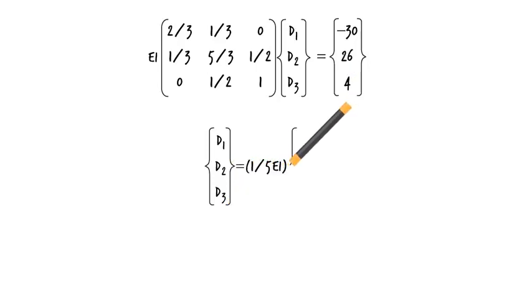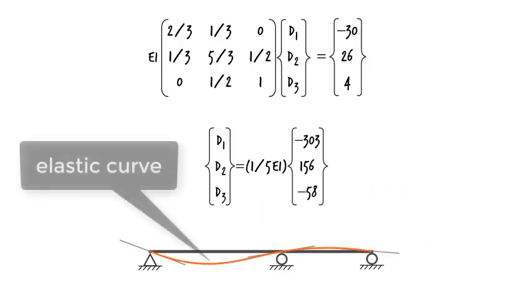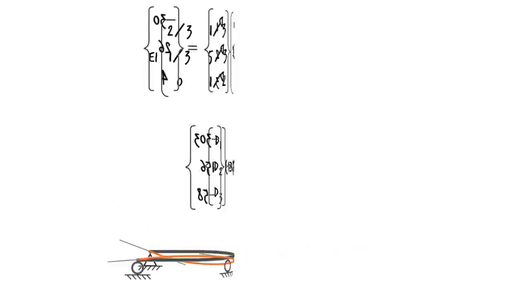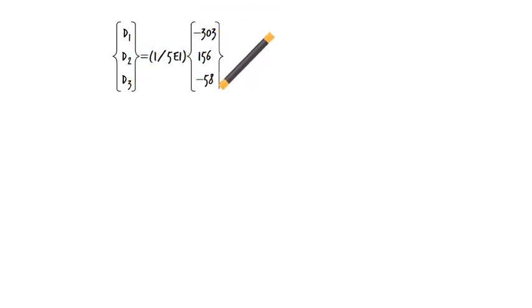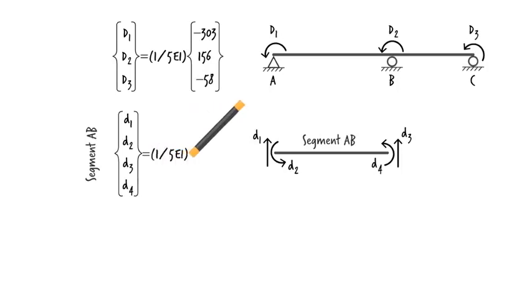The elements of the unknown vector and the unknown joint rotations become... Now, all we have to do is to substitute these values in the member equations to get the member end forces. First, let's write the member end displacement vectors.